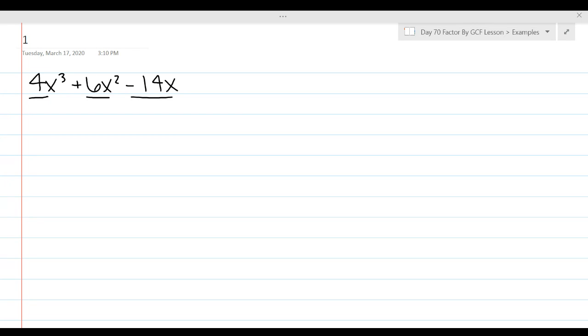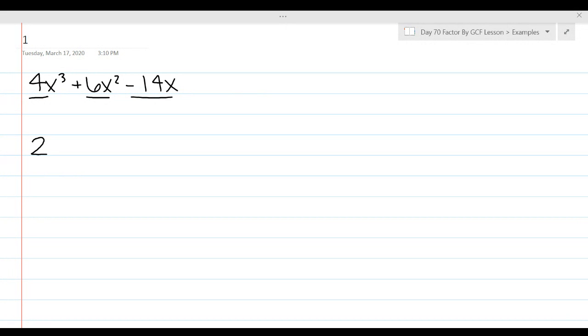So the greatest common factor of our coefficients is going to be 2, because 2 is the only thing that goes into all three of them. Now we're going to look at our variables, because since they all have a variable, every single term has a variable, that means that we can pull out one of the variables. When you're looking at variables, to pull them out, you want to pull out the one with the smallest exponent.